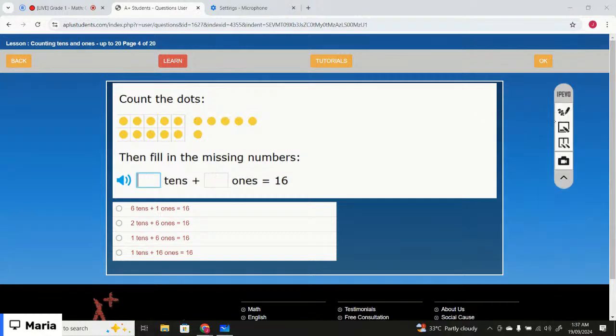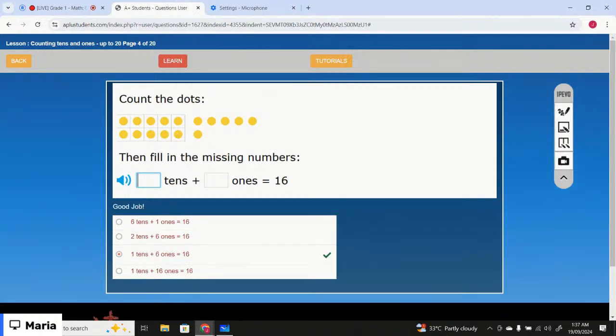So the correct option is option number 3. 1 ten and 6 ones, 16 it is.